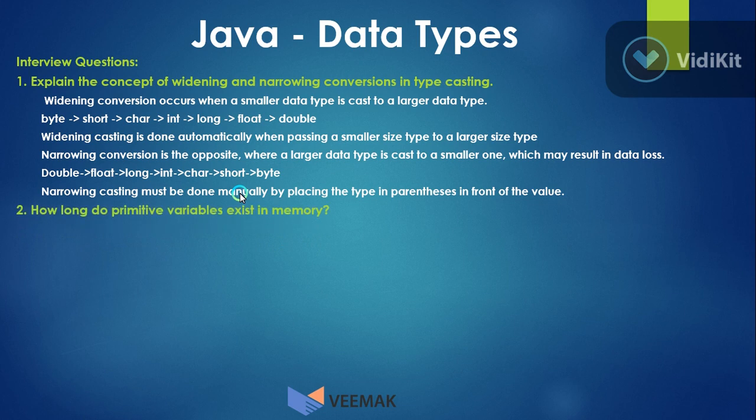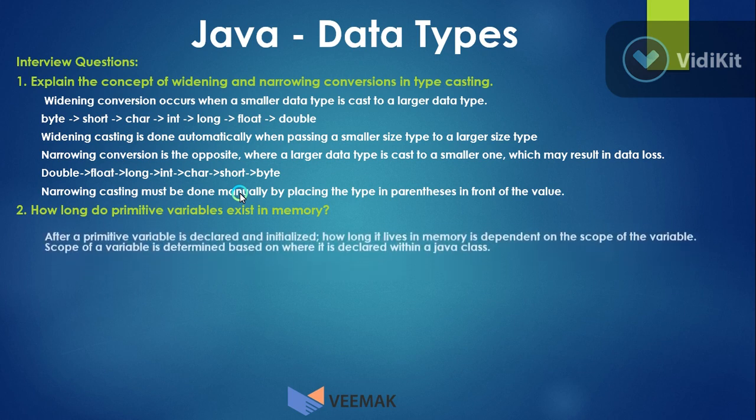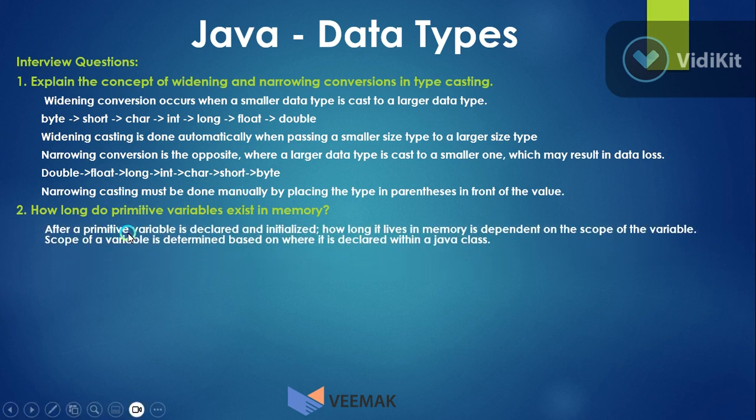How long do primitive variables exist in memory? After a primitive variable is declared and initialized, how long it lives in memory depends on the scope of the variable. There are 3 types of variables available in Java: instance, local and static. The scope of the variable is determined based on where it is declared within a class, isn't it?